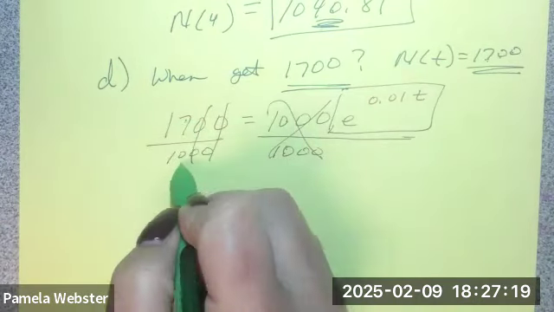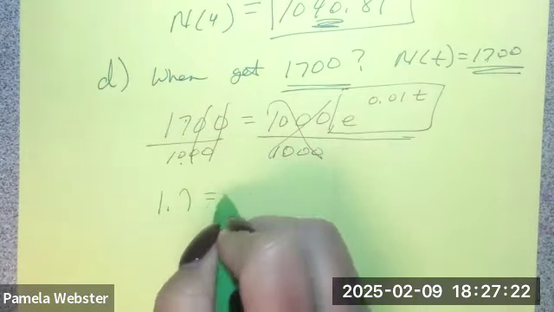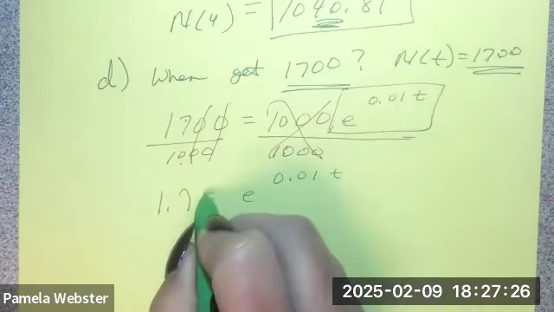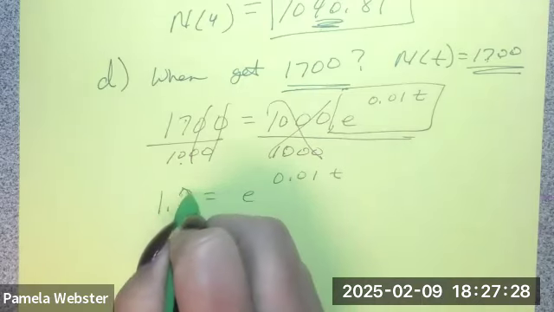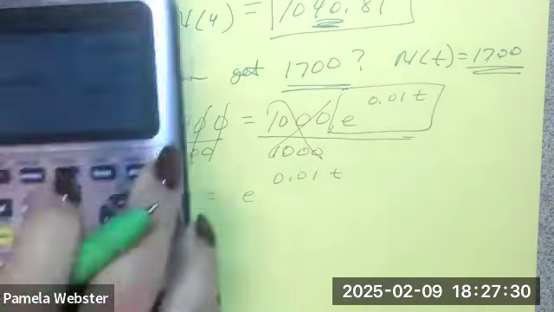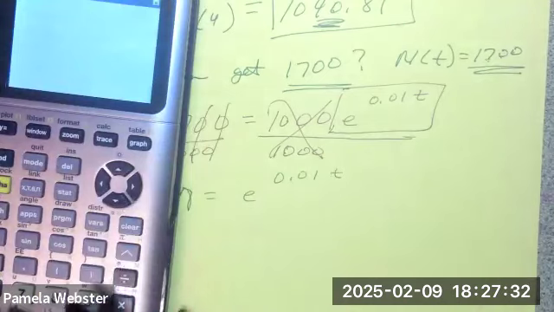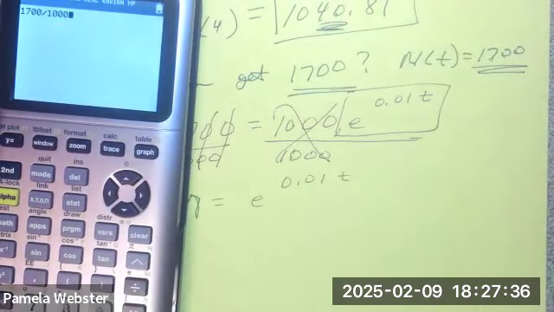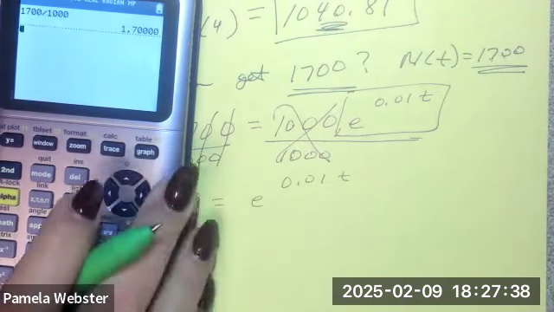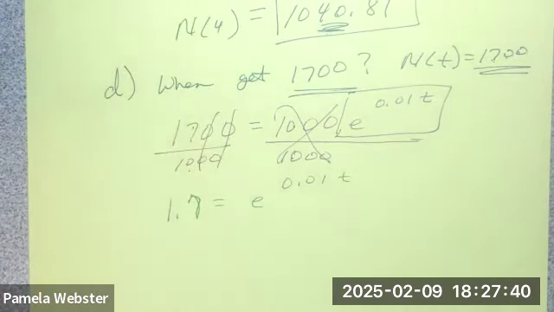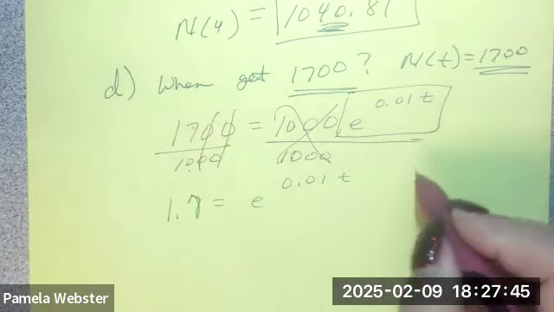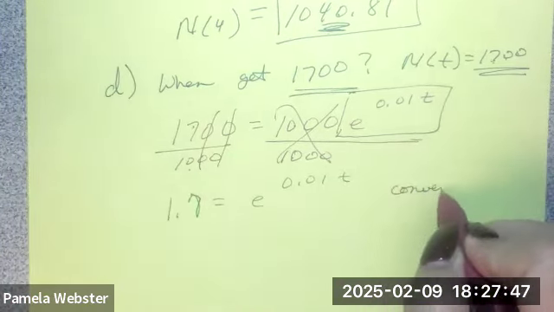So this is 17 divided by 10, or 1.7, equals e to the 0.01t. If you don't believe me, 1700 divided by 1000, 1.7. So we are good. And now I have an exponential guy sitting equal to some number, so I can convert.